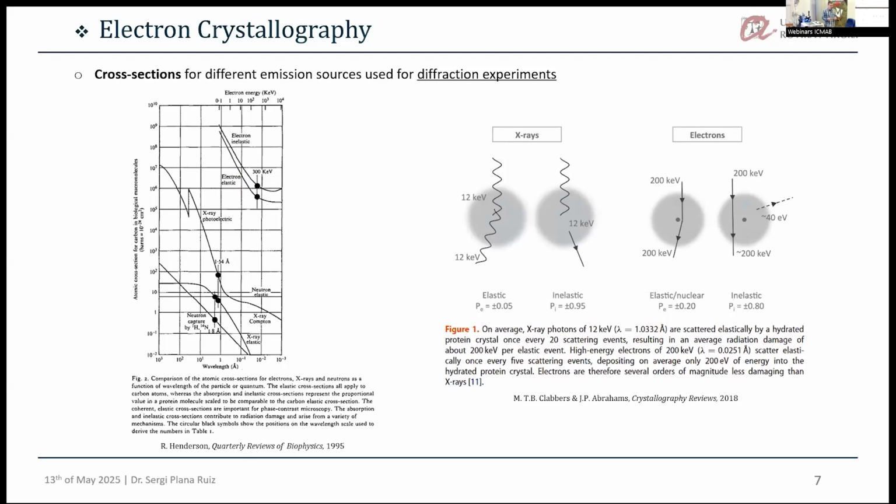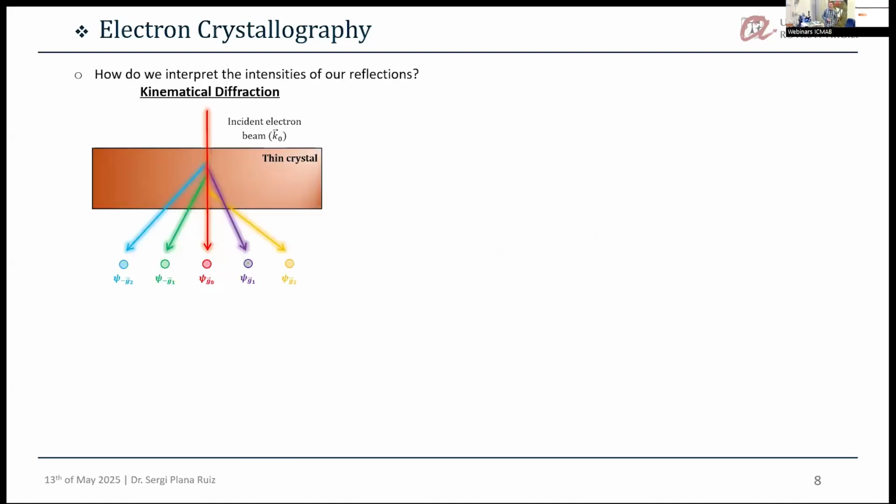Obviously, this is a bit counterintuitive, and also when you go to a TEM, the brightness, the flux of the electron beam, is quite high. Therefore, you will always have many more electrons going to your crystal. But to give you a picture, this is what you could obtain in a more theoretical comparison.